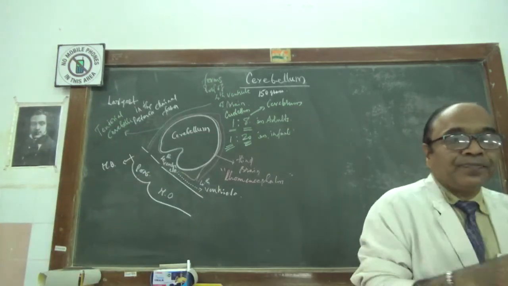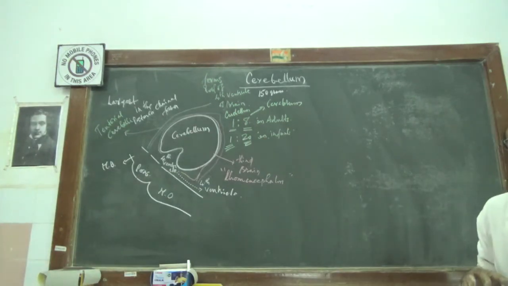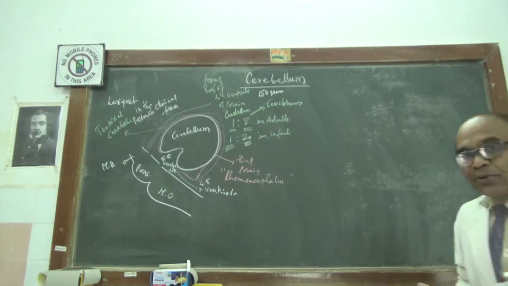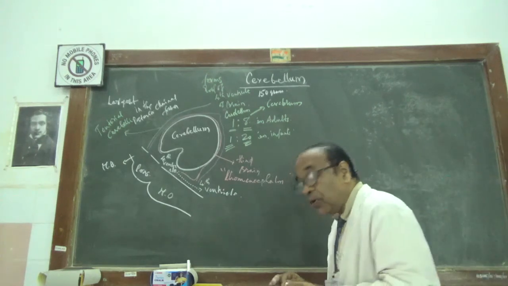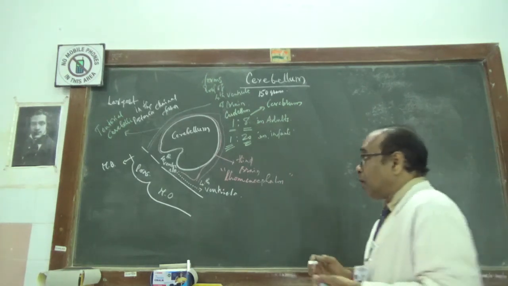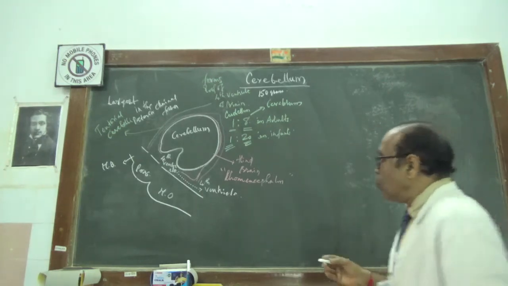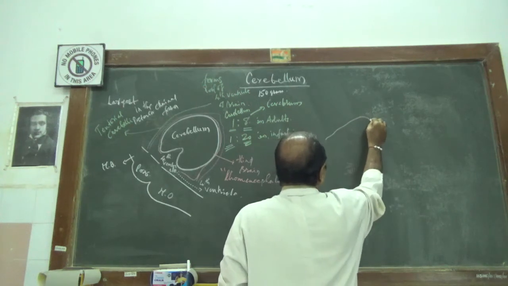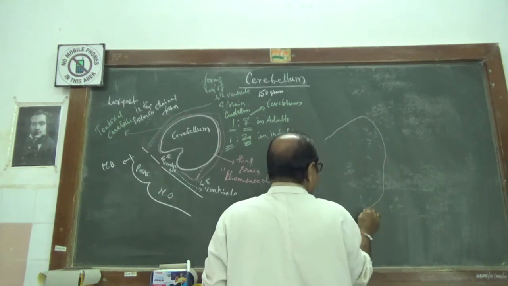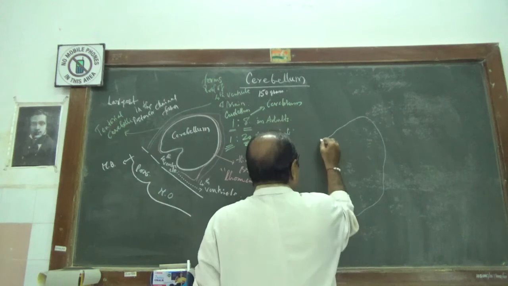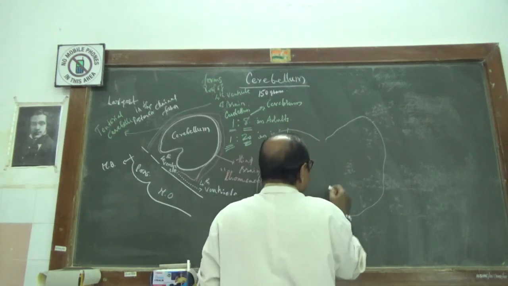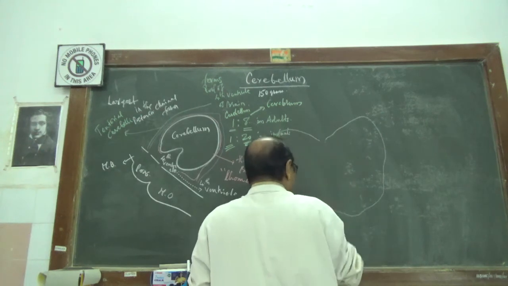This cerebellum, when it has been viewed, lobes are there. It will appear like this on either side, where it is constricted in the middle.